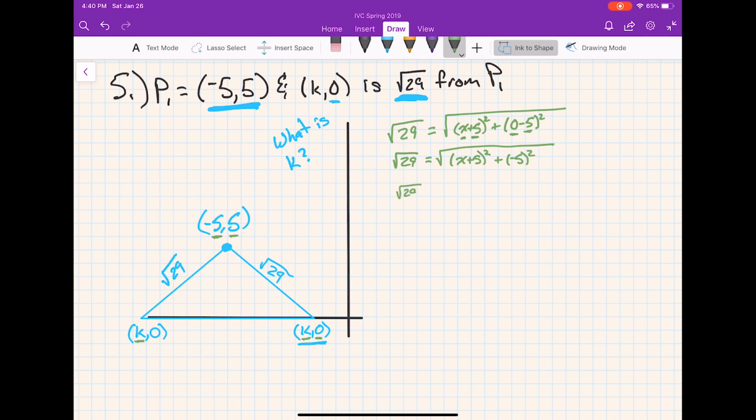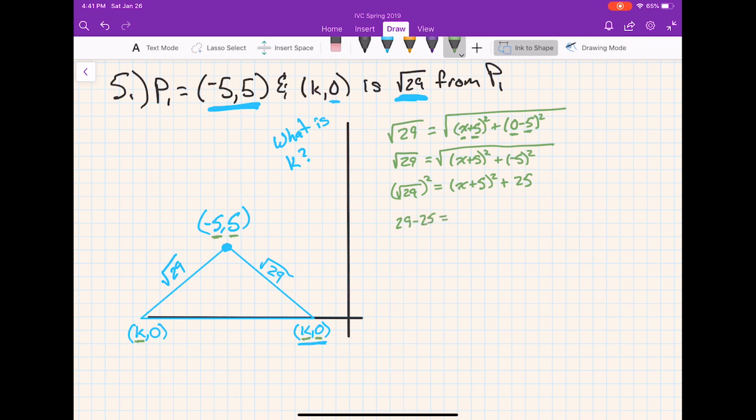So let's bring this all down, and I'll move the radical over. So this is square root of 29 squared. So x plus 5, that quantity squared, plus 25. And then when we look at this square root of 29 that's squared, well, that's going to end up being 29 minus this 25.